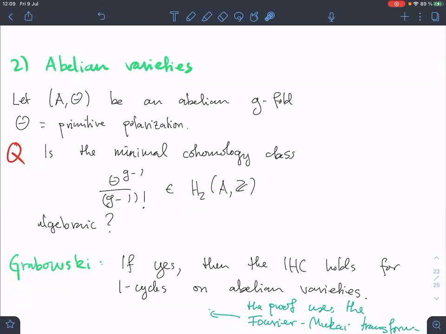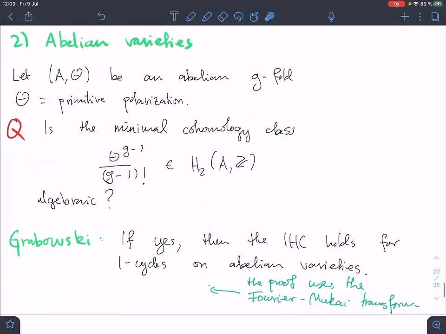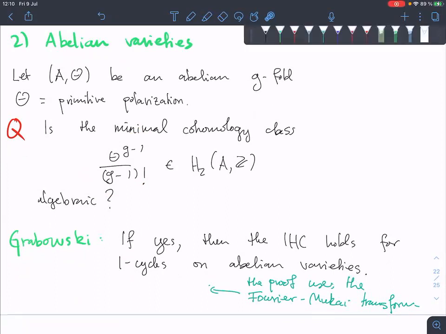Of course, it's clear that some multiple of that class is algebraic, but it's certainly not obvious that the class itself is algebraic. So a big open problem is whether that class is algebraic. And as we saw, there are some relations to the rationality problems, say for cubic threefolds.